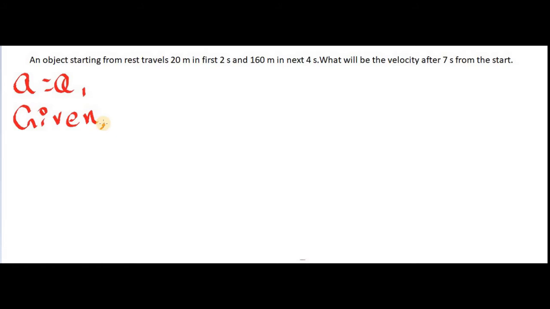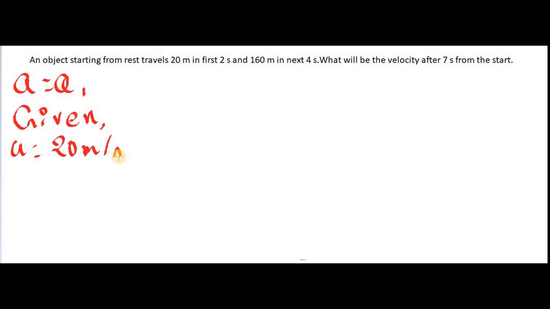The first thing that we would be writing is u, the initial velocity. Initial velocity would be 20 meter per second, because we have found out that in the first part, the velocity is 20 meter per second. We have been given in the question that it's continuing with the same velocity and moving forward.